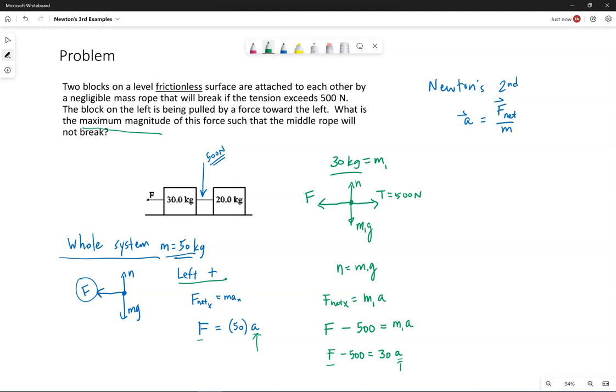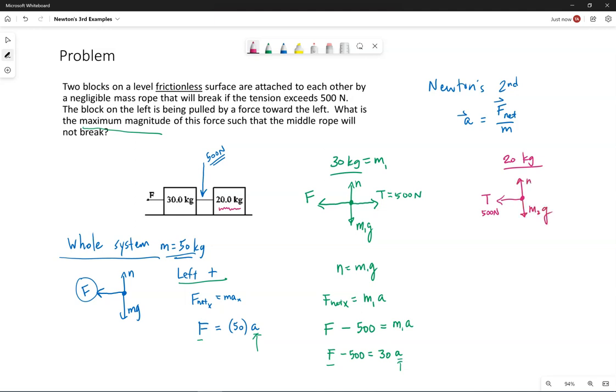We can solve this right away, but I'd like to show you also, just because I can, the 20 kilogram box. So the 20 kilogram box is this right-hand box. The only force it is experiencing in the x direction is the tension to the left.